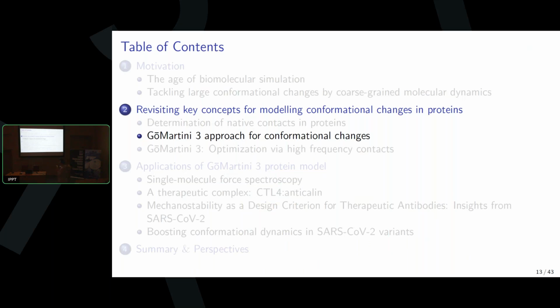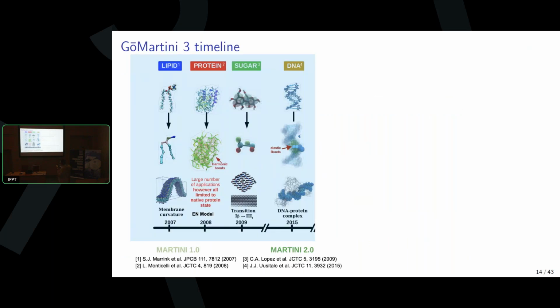In those days, there was Martini. Martini was pretty successful not only to coarse-grain lipids from the atomistic to the coarse grain, and then study these beautiful curvatures on membranes. It was also pretty successful to study the equilibrium properties of proteins by the introduction of harmonic bonds.